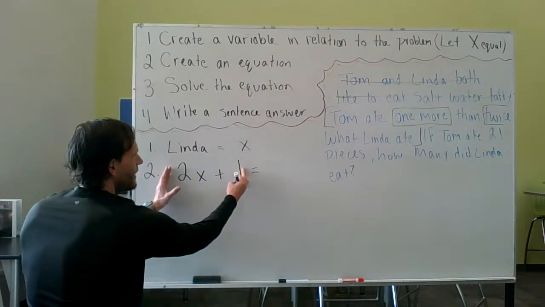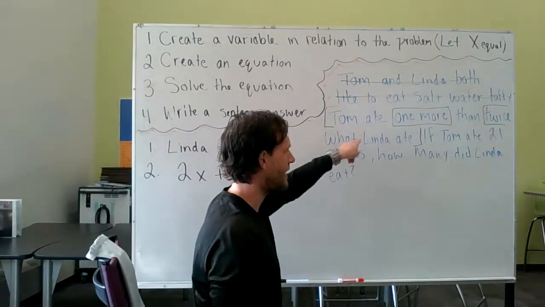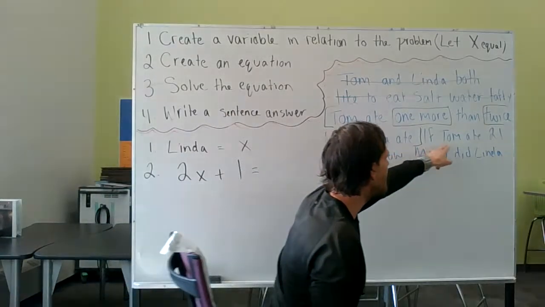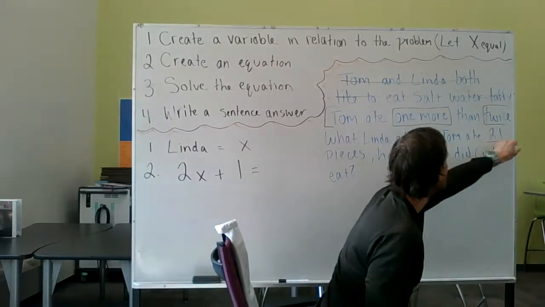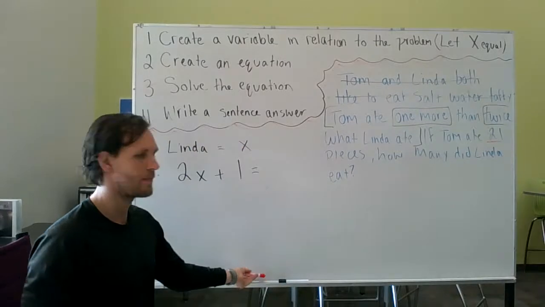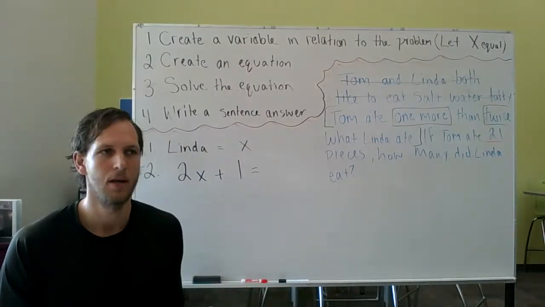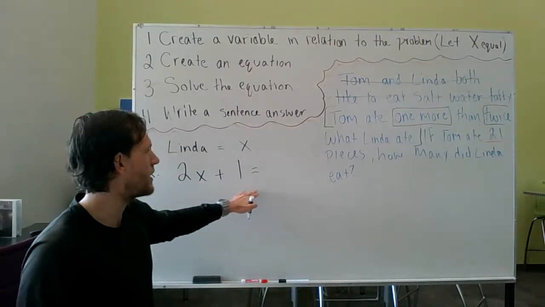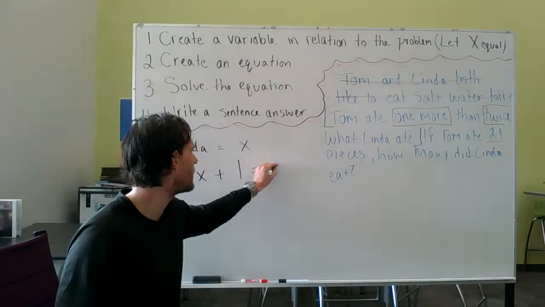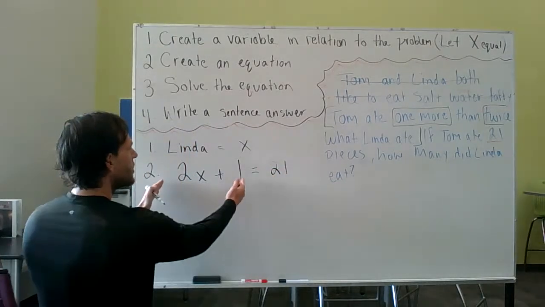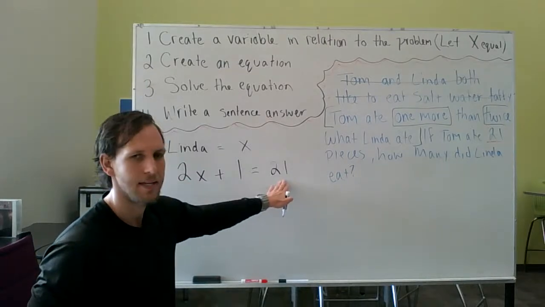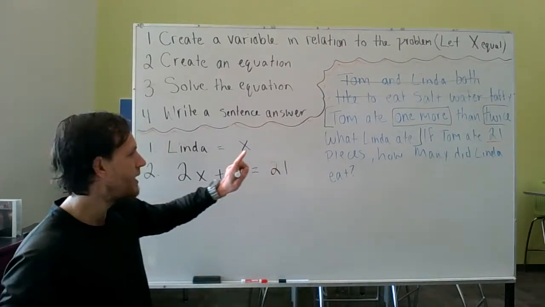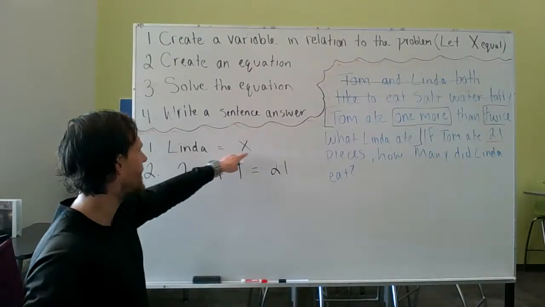If Tom ate 21 pieces, that's the last piece of information we need. So 2x plus 1 is equal to 21. This is Tom, and this is how many pieces he ate. If we're looking for Linda, Linda is x.